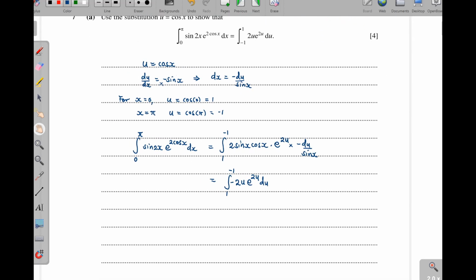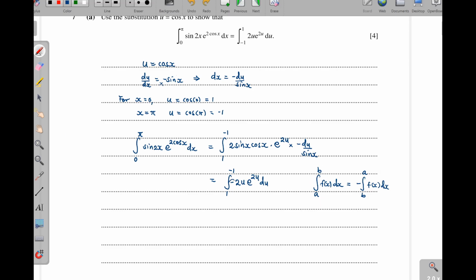Now, it should be noted that when you integrate from a to b, f of x with respect to x, this one can be the same as minus the integral from b to a of f of x with respect to x. So when we switch these limits here, then we get a negative.